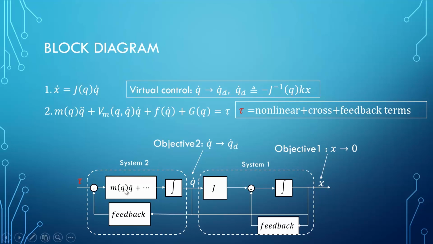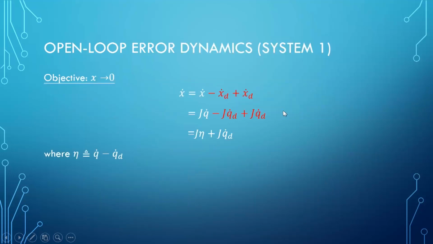So usually in the controller here, the physical control will consist of feedback terms, cross terms, and nonlinear terms. For the first system, the way we design the controller is you add and subtract the desired trajectory x d dot, and combine the mismatch between the two.